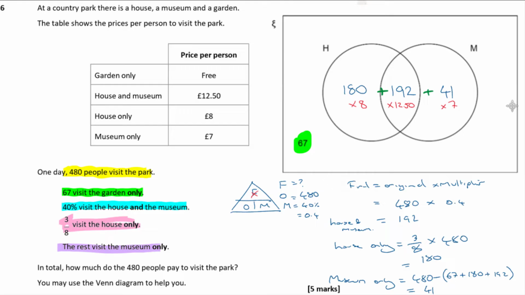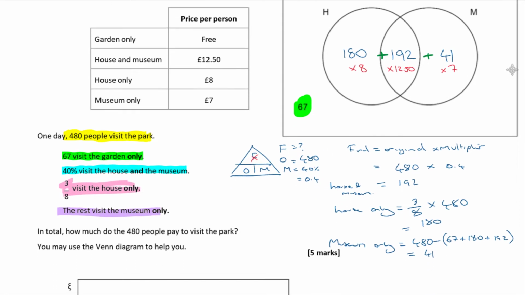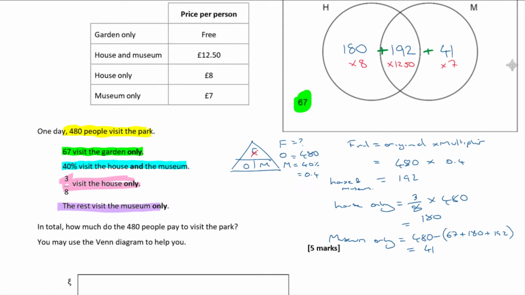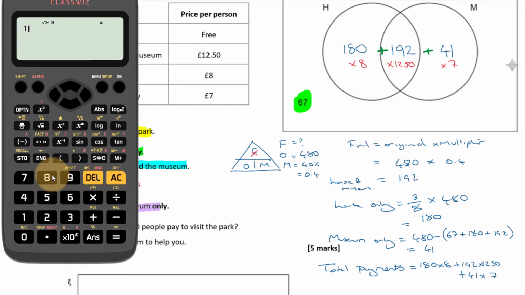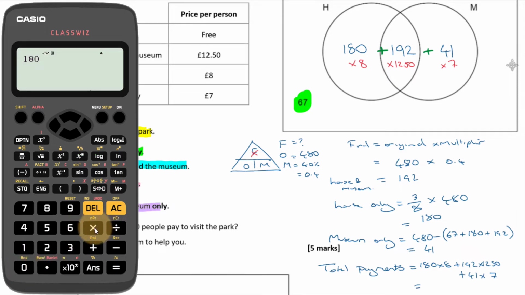So then the total cost, let's get a bit more space. So then the total payments, that's going to be 180 times 8 plus 192 times £12.50 plus 41 lots of £7. What's that equal to then?